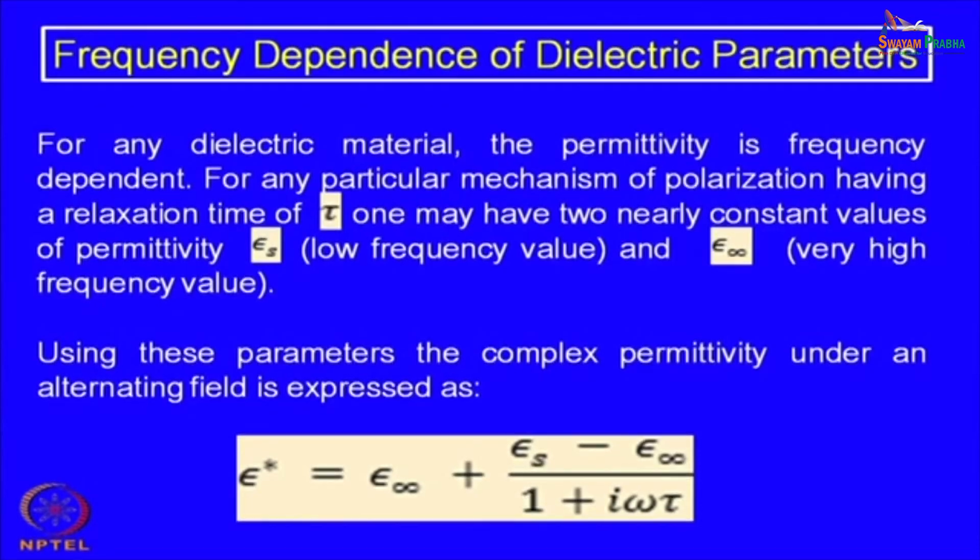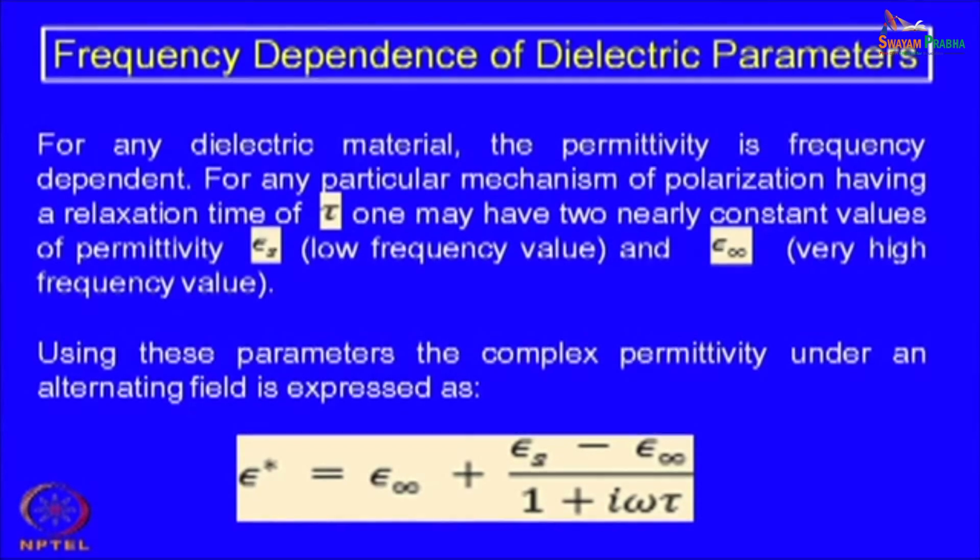Now, using these parameters epsilon s and epsilon infinity, one can write the complex permittivity under an alternating field in this manner. Epsilon star equals epsilon infinity plus epsilon s minus epsilon infinity divided by 1 plus i omega tau.